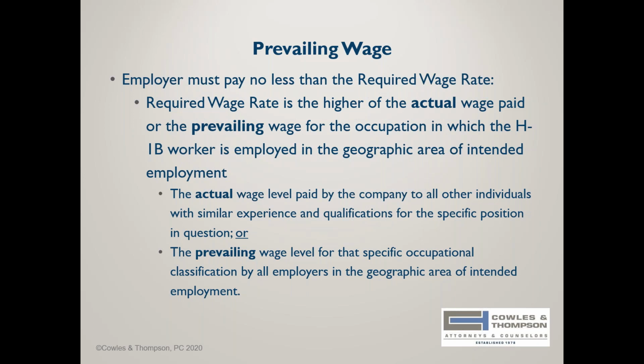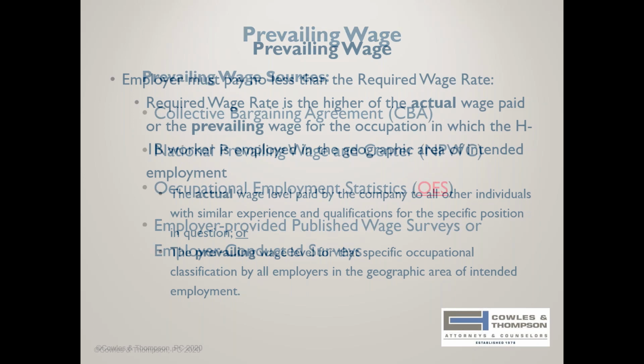So when the prevailing wage determined by the Department of Labor is higher than what an employer normally pays other employees, the only choice is either to bring that salary up to the prevailing wage determined by the Department of Labor, or try to provide its own prevailing wage survey.